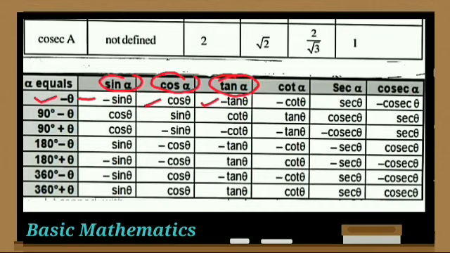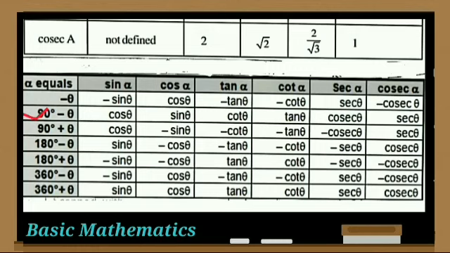Now we will talk about the next angle, that is 90 minus theta. What about 90 minus theta? As we put 90 minus theta in the sine function, we get cos theta.